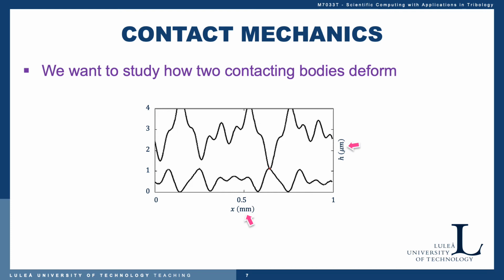Otherwise, if the scale was 1:1, they would appear very, very plain. We note that we now have brought these two bodies into contact in just a single point here. And we will now see what happens if we load these bodies, pressing them against each other.